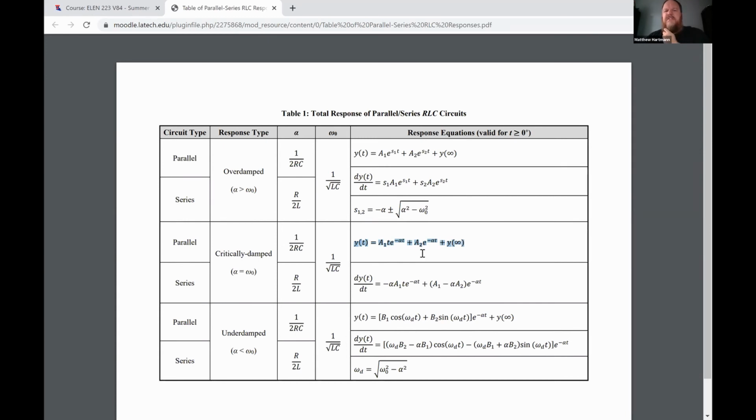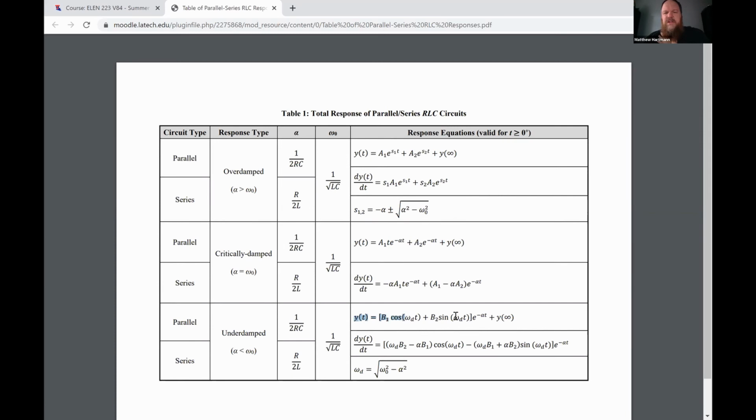The response looks like that because s1 and s2 are identical, and because we have a second initial condition that we need to satisfy, that's where that extra term of t comes from in our first coefficient. I mean, if you've had a class on linear systems and signals, like I believe most of you biomed students have had, that should be familiar to you.